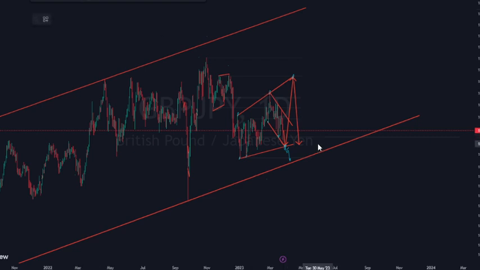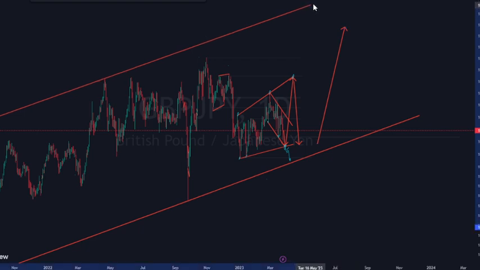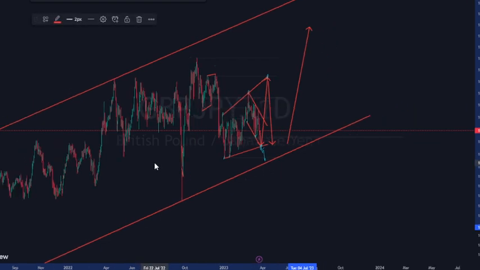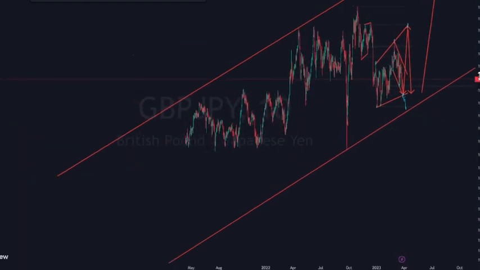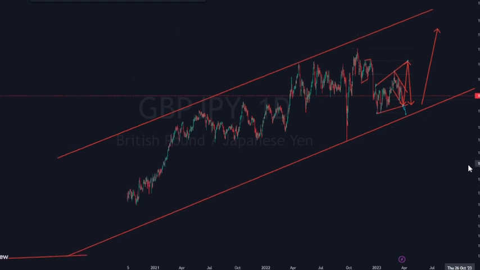Where's an arrow? It is to the upside. So from there, this low will be looking for buys. Let me just zoom out a bit and show you this entire pattern as well.